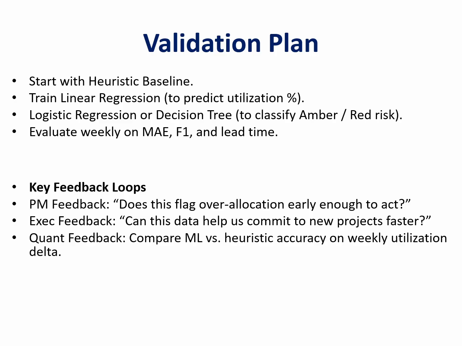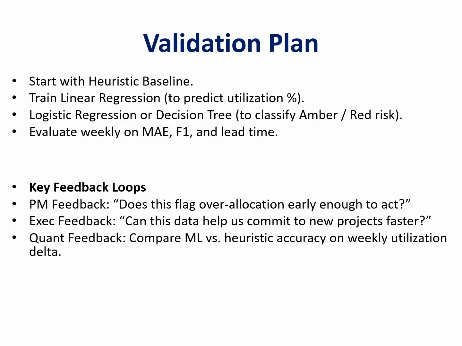That's what an executive is probably going to want to know. And then we want to make sure it's accurate, right? So we want to compare the model versus the heuristic accuracy in order to make sure we're getting an actual utilization number that's accurate.